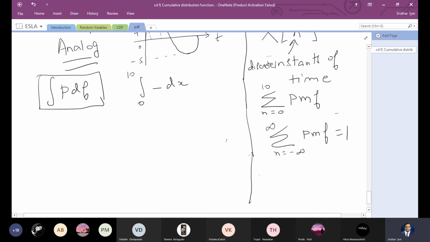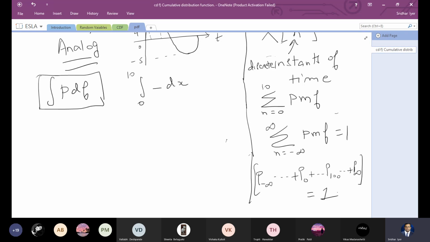When I put the value of n as minus infinity, I get p of minus infinity. When I put the value 0, I get p of 0, plus when I put 100, I get p of 100, and so on till p of infinity, and the total from minus infinity to plus infinity will always give me 1. So the concept is the same.